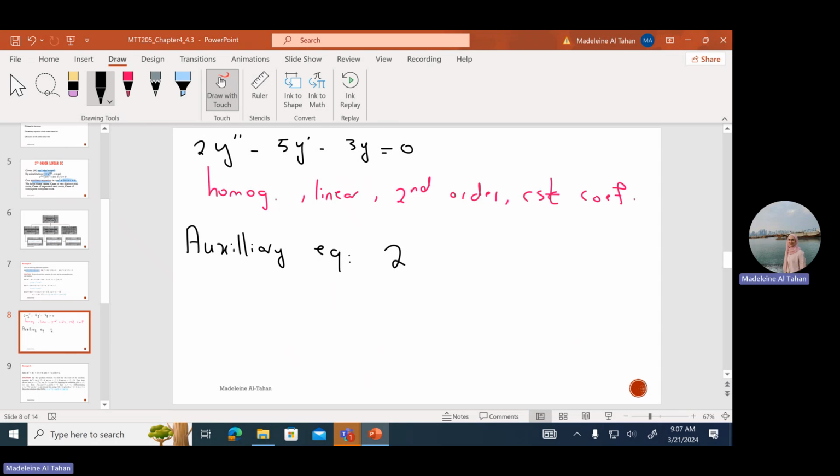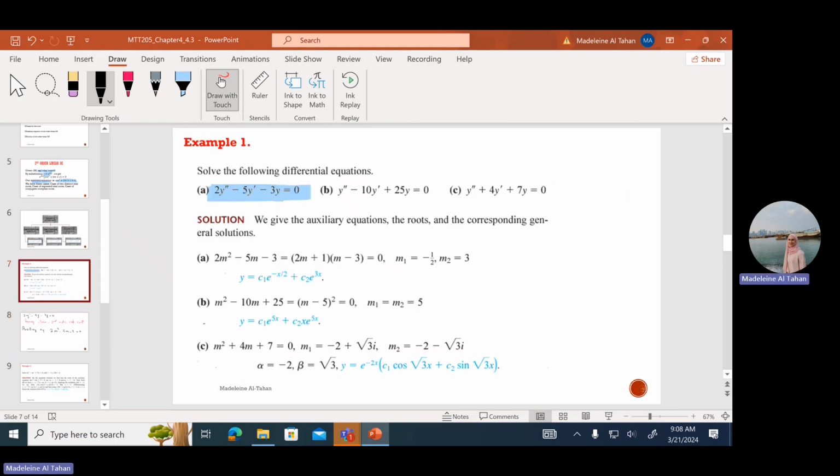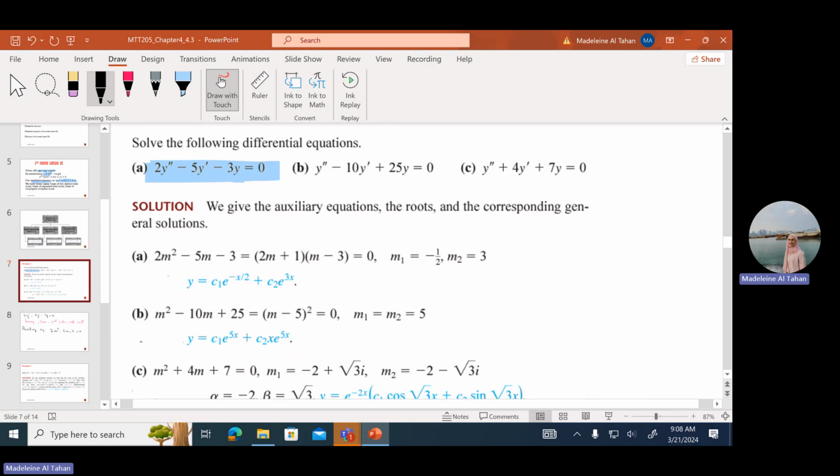Instead of y double prime, what do we have? m squared. Instead of y prime, m, and instead of y, nothing. Is it okay? Just make sure that we understood it. I will zoom in here a little bit.